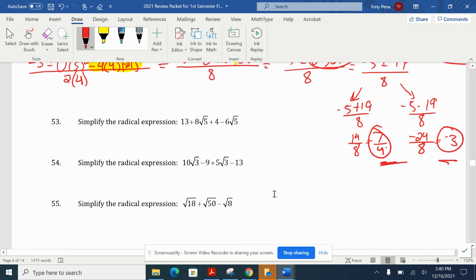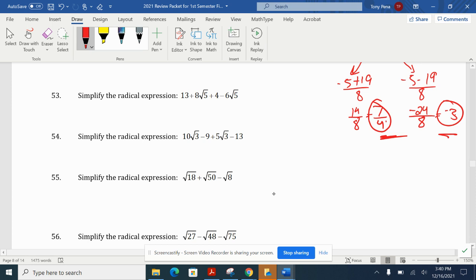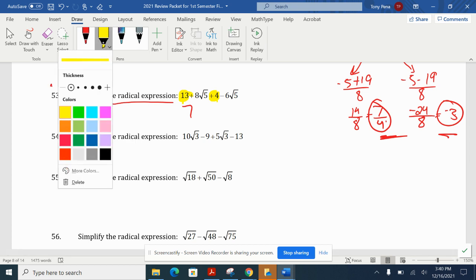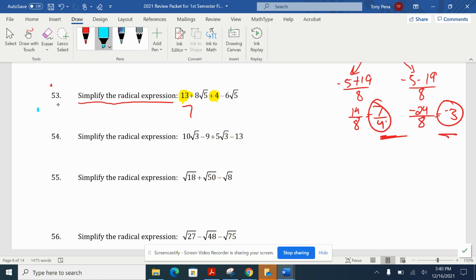All right, next couple, pretty straightforward. When we simplify radical expressions, it's really just us combining like terms, and it behaves similar to when we did variables. So when we look at this here, we can add constants together, the numbers that do not have the radicals attached, those square roots attached. So a 13 and a 4 is a 17. But we also have like terms of radical 5.